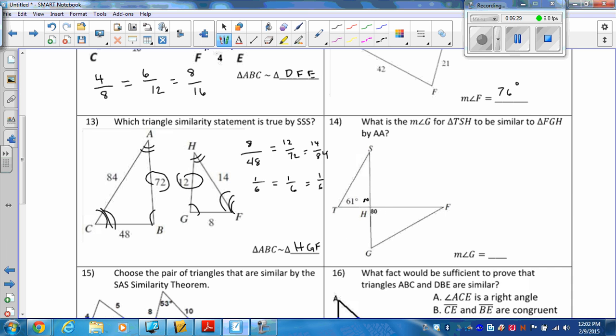So this one must be 80 degrees. And so this is going to be kind of a reflection over this line here. And so in order for those to be similar, this one has to be angle G, just based on the layout of the figure. So this one also has to be 61 degrees.